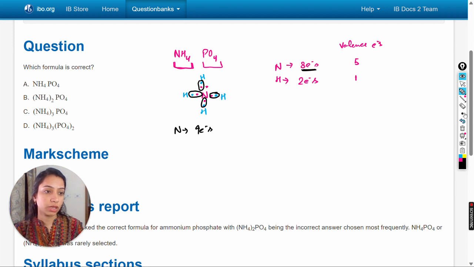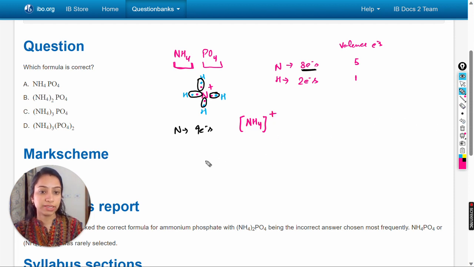So when it removes this electron, it will have 1 positive charge, which means NH4 will have a total of 1 positive charge.